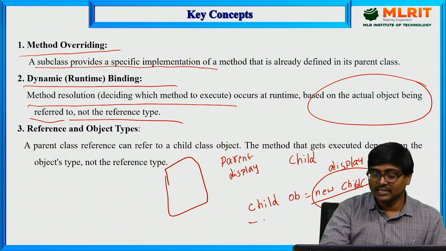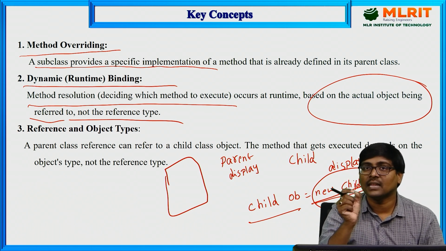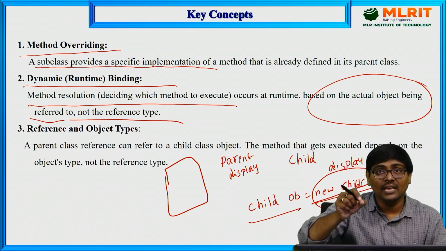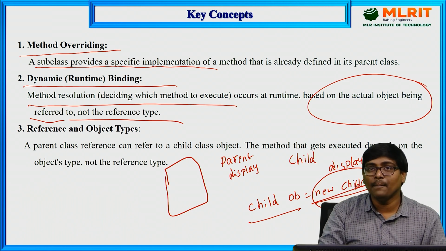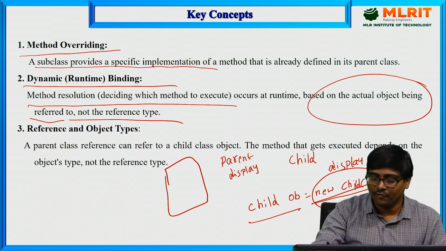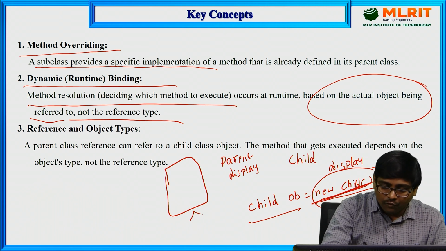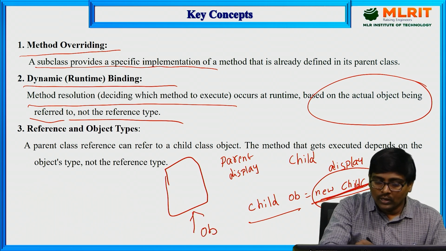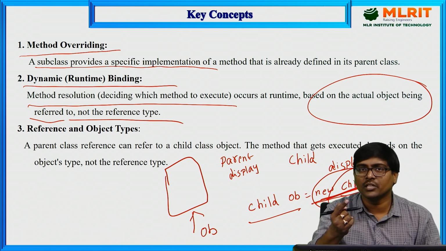Here, new means some instance memory is allocated inside the heap area under JVM. Now, this memory is referred to by ob. Once the memory is allocated, the child constructor is executed.